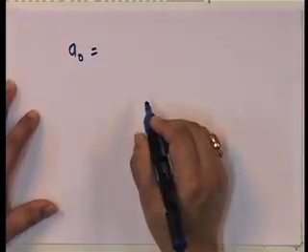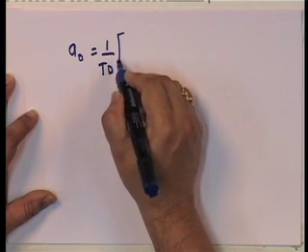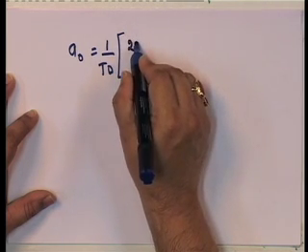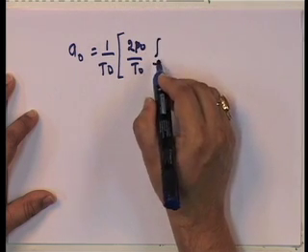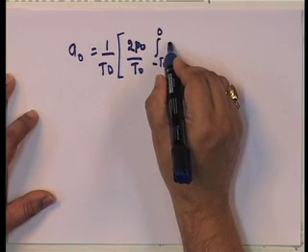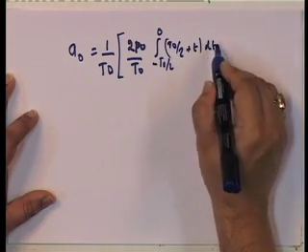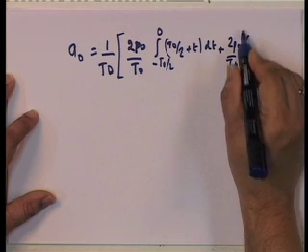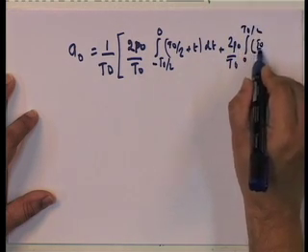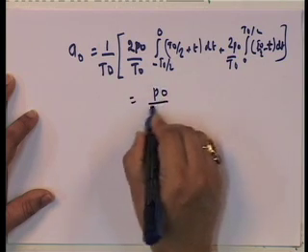I'm going to put it down, and this is going to be equal to A0 is equal to 1 upon T naught into 2 P naught upon T naught integral minus T naught by 2 to 0 of T naught upon 2 plus T dt plus 2 P naught upon T naught, 0 to T naught by 2, T naught upon 2 minus T dt, and after doing all of those, this works out to be P naught by 2.